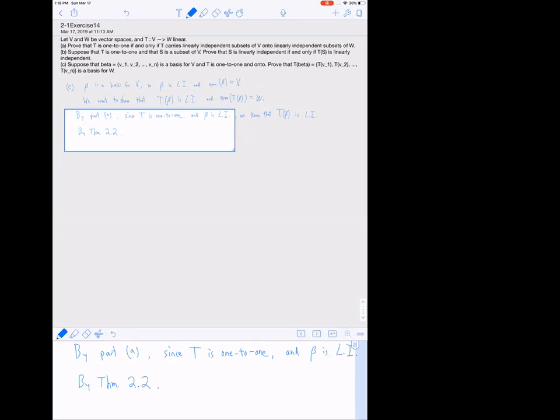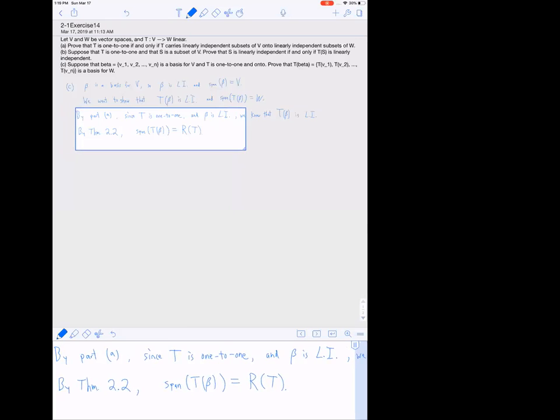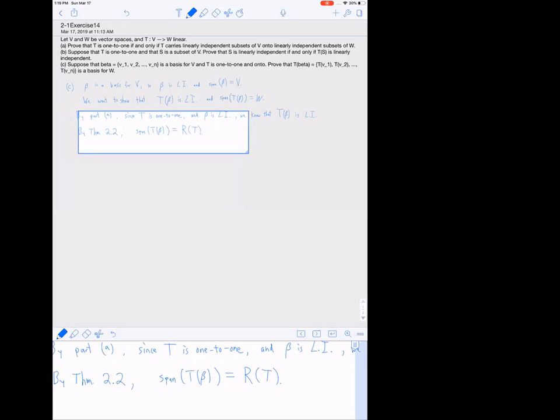By theorem 2.2, since beta is a basis, the span of T of beta is equal to the range of T. All right, so this is true for any linear transformation. Theorem 2.2 says that if you have a linear transformation and beta is a basis for the domain, then the span of T of beta is equal to the entire range.